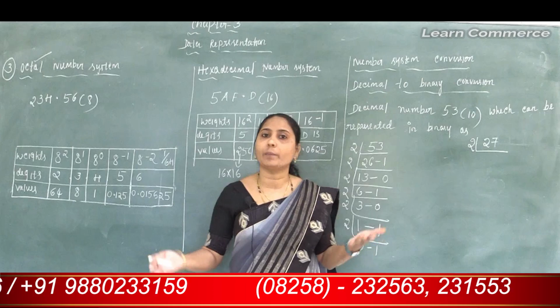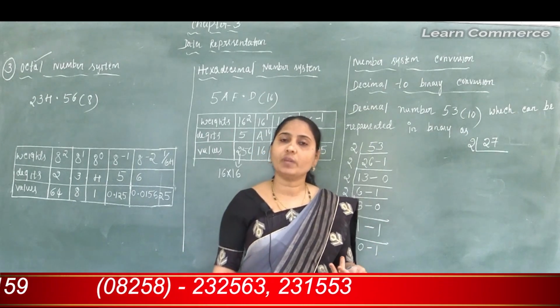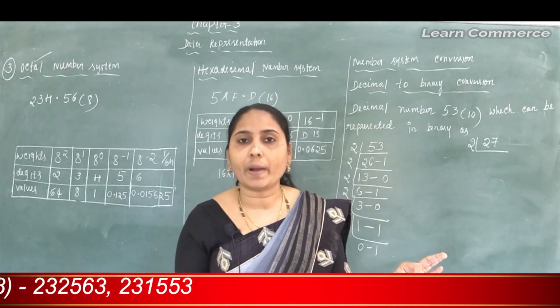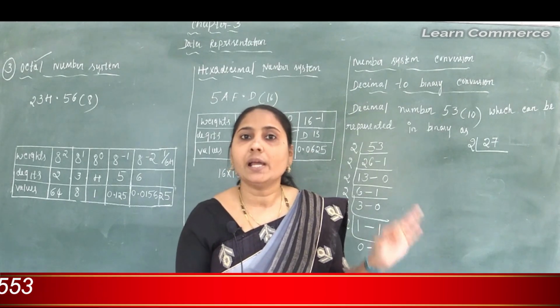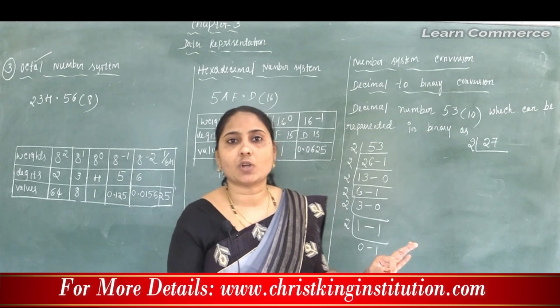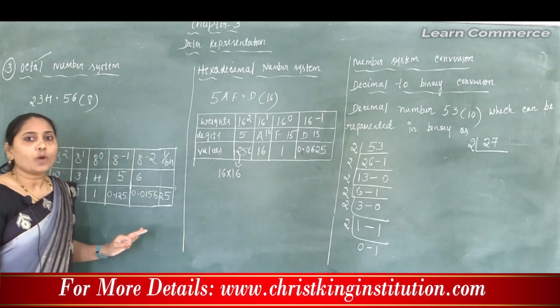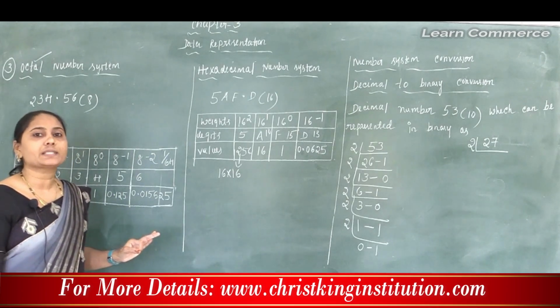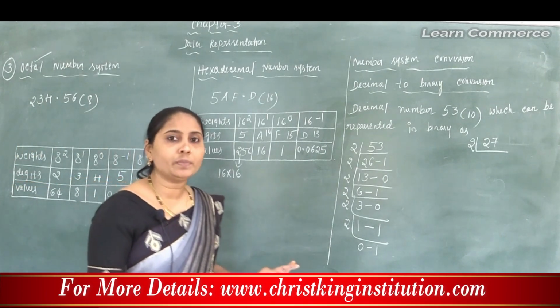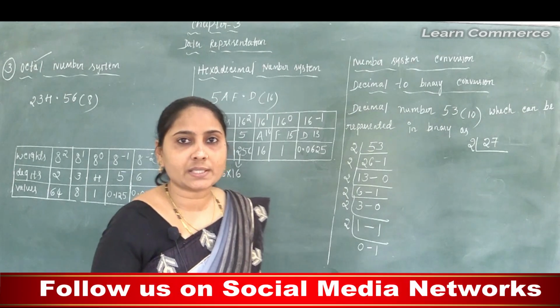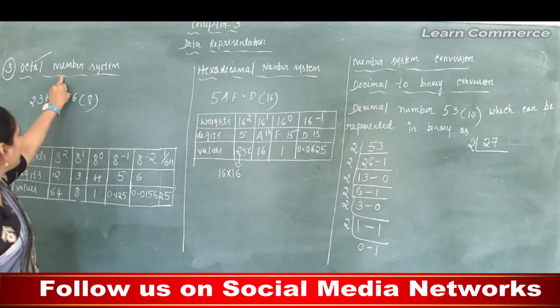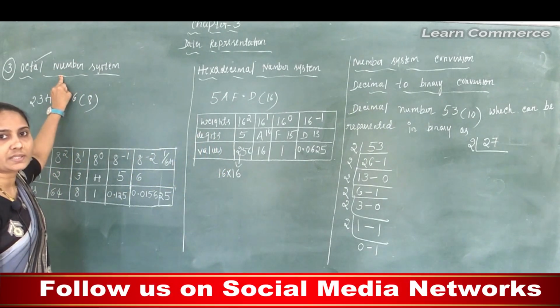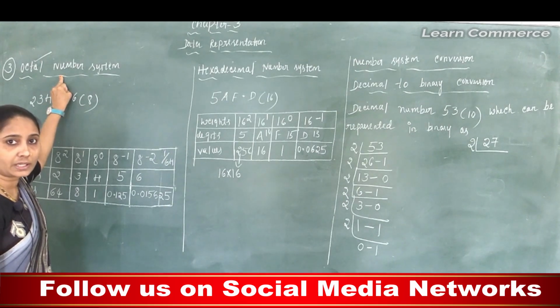Many ones are there, many zeros are there here. So we can say binary number system representation generates long sequences of ones and zeros while representing large decimal numbers. To overcome this problem, other number systems like the hexadecimal number system and the octal number system are used. Clear this point here?